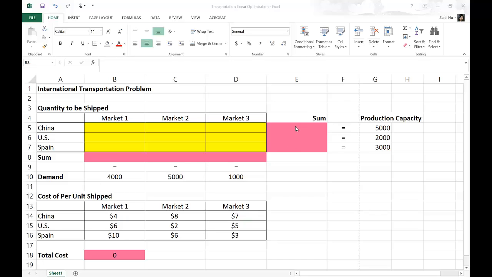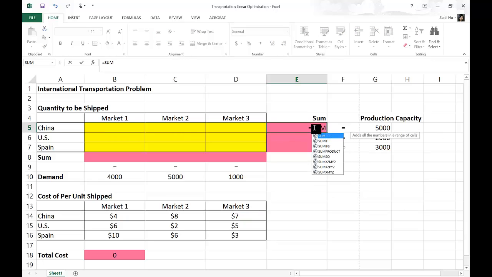So in the pink cells, that's where I'm going to enter my formula. My first formula is, I want whatever I produce and send to each market from China, the total should be the 5,000 units I'm going to produce there.